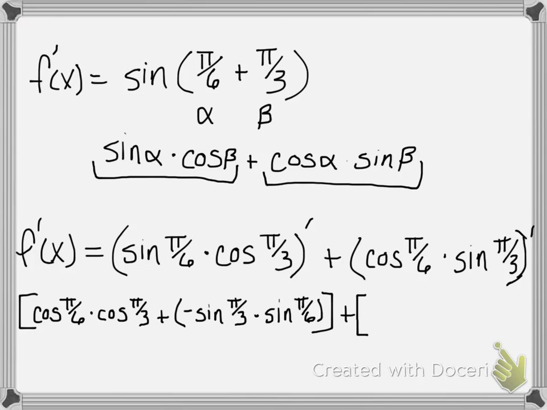and that was going to be plus the derivative of the first, so we're going to have negative sine of pi over 6 times the second, plus the derivative of the second, which is cosine times the first, which is cosine of pi over 6.